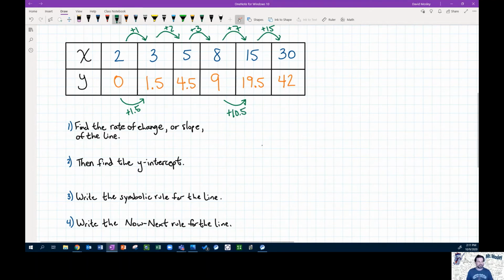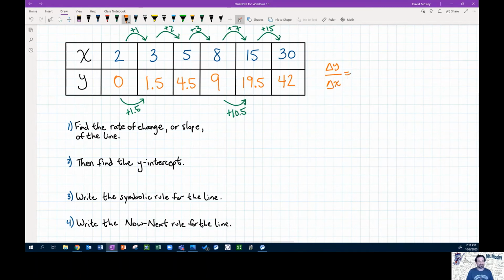All right, so let's check to see if I get the same rate of change using both of these sets of points. In our first one, we got plus 1.5 as the rate of change. If this works out the same, I should get 1.5 as the result. So again we have change in y divided by change in x.